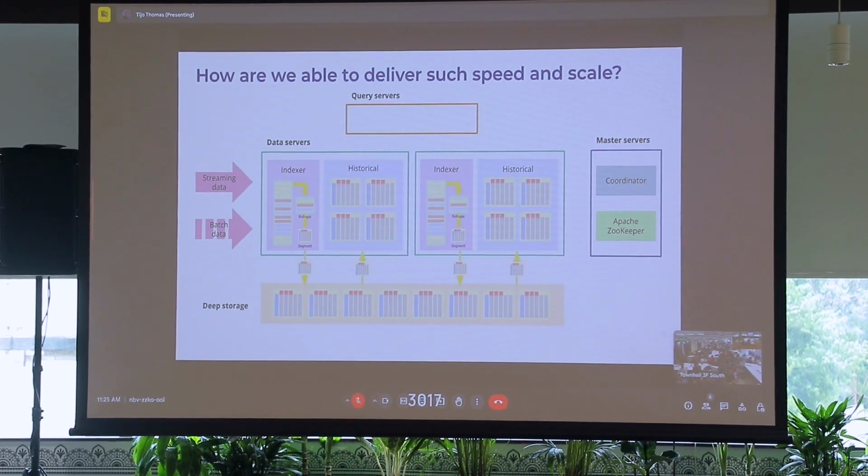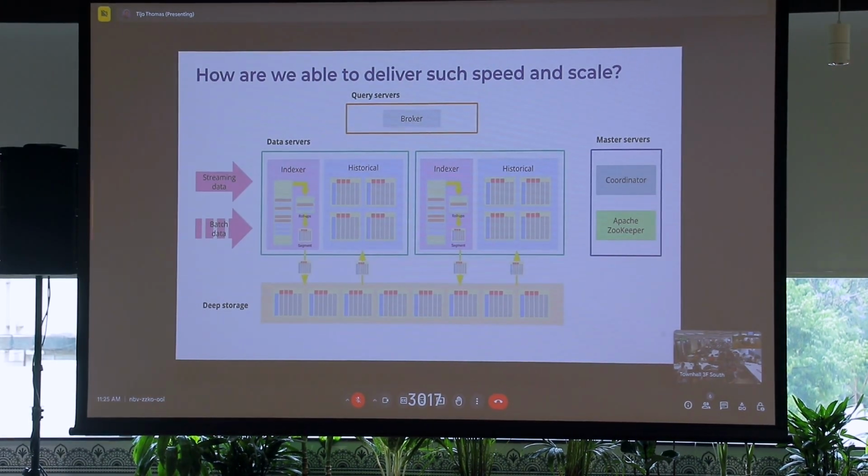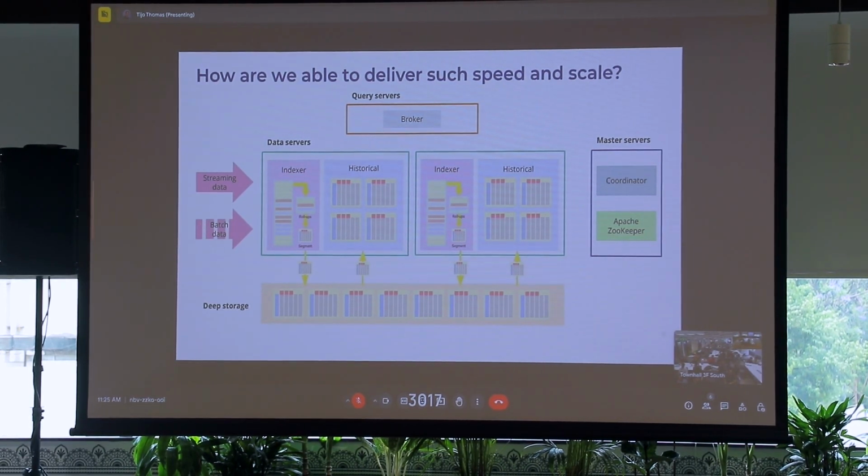Yeah, okay. So just giving you a view of what the architecture looks like. Basically, we have something called the broker, which handles the queries. The broker accepts the queries from the user, and after that it delivers them to the data servers, where the data processing happens, and the data servers are distributed across multiple servers.